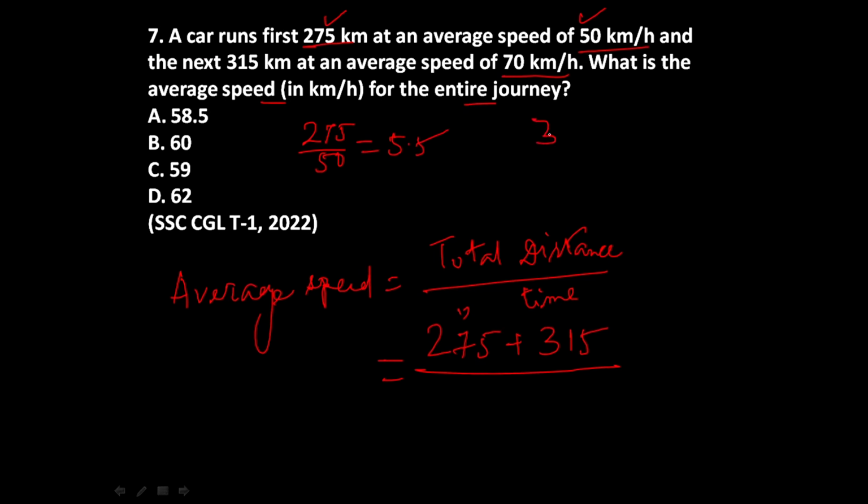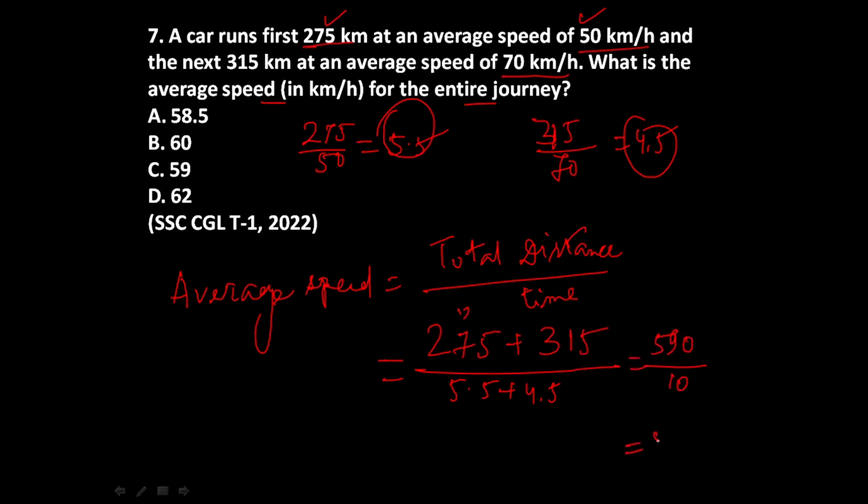In the next case it is 315 upon 70, so it is 4.5. So the total time is 5.5 hours plus 4.5 hours, which is 10. The total distance is 590. So 59 is the answer. Average speed is 59 km per hour.